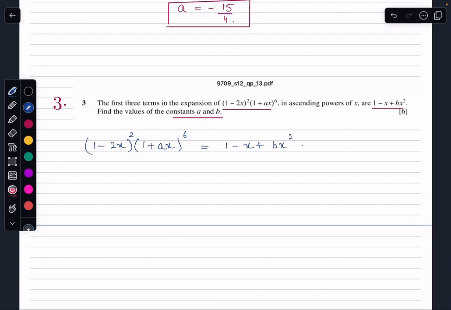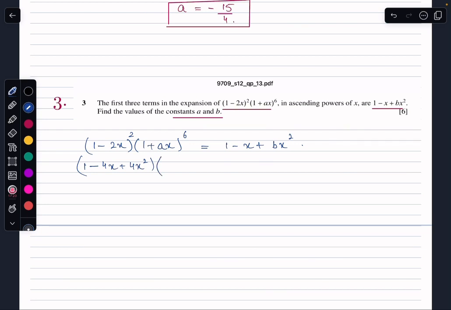So 1 minus 2x the whole square, applying the quadratic identity for a minus b the whole square, I should say that this is going to be 1 minus 2 times 1 times 2x, that would give me a 4x, plus 2x the whole square, which shall give me a 4x square here.